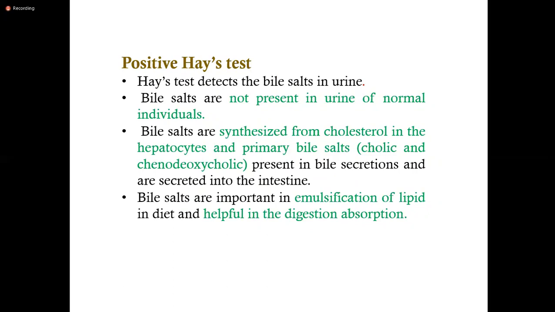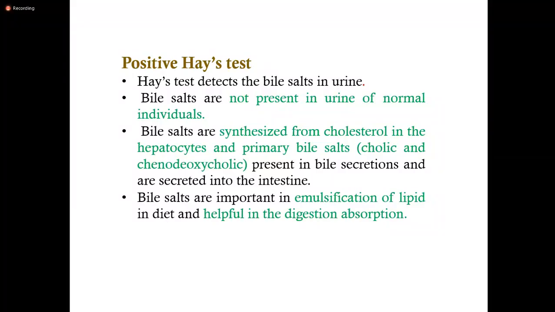Then you tell what these bile salts are. Primary bile salts, cholic acid and chenodeoxycholic acid, are synthesized from cholesterol in the hepatocytes. Secondary bile salts are produced in the intestine.